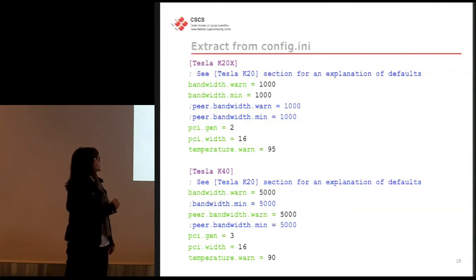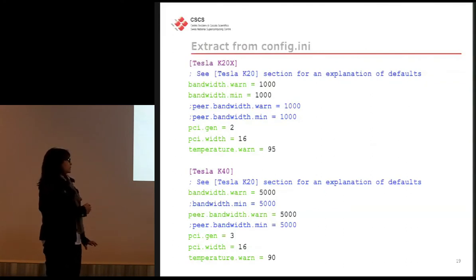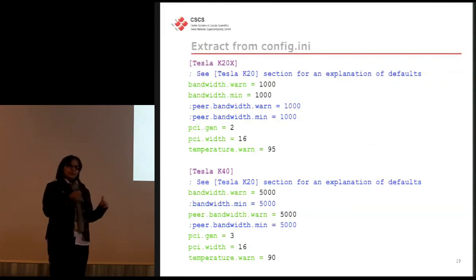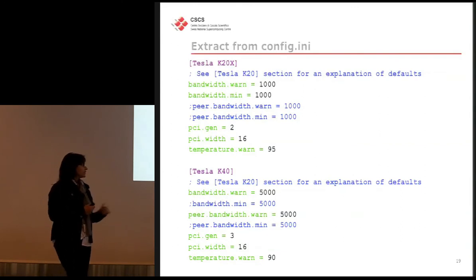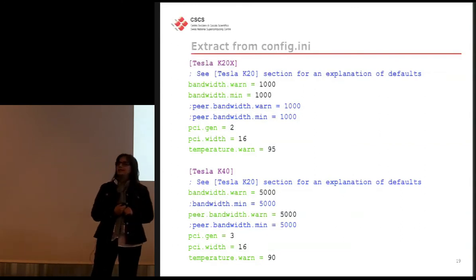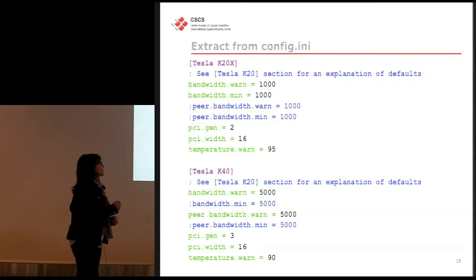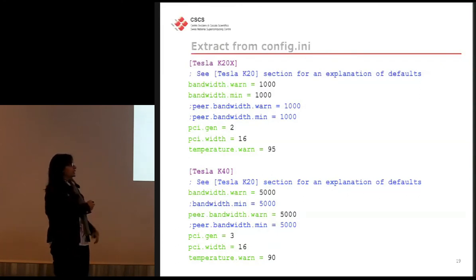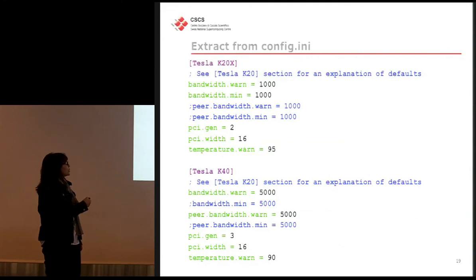And then what you can do is depending on your device. If you go on the NVIDIA website, get the TDK, untar it, there is a config.ini file with the health monitor. And depending on which device or devices you have, you can select warning or minimum values. So I highlighted 2 here.